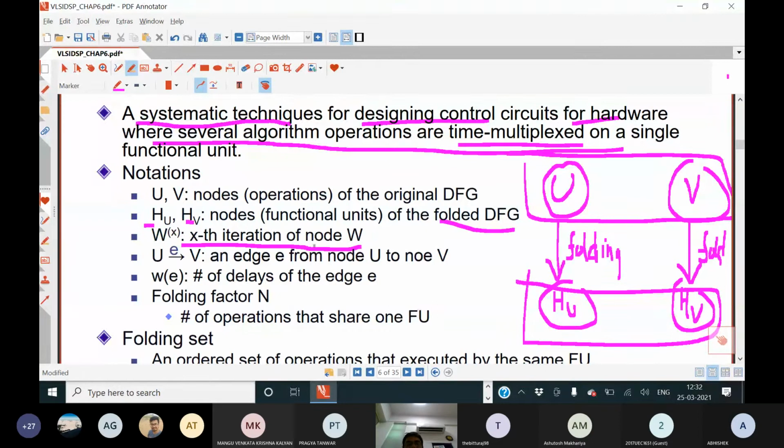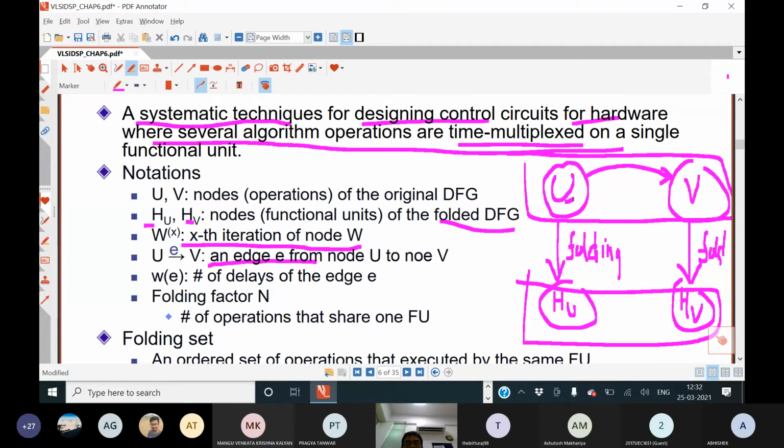One functional unit is nothing but a node in my DFG. In a DFG, a functional unit is equivalent to a node. A node has a delay, and that delay is associated with the functional unit. Then there is an edge, maybe U and V connected like this. What is the meaning of the edge?